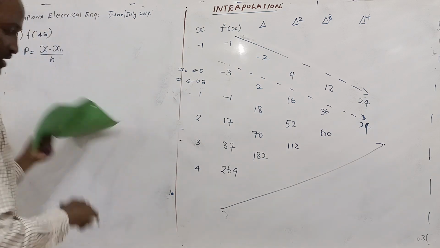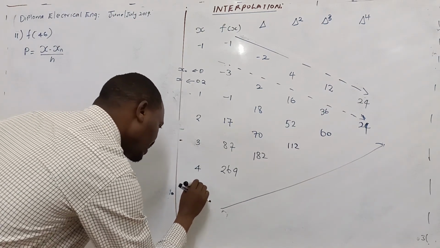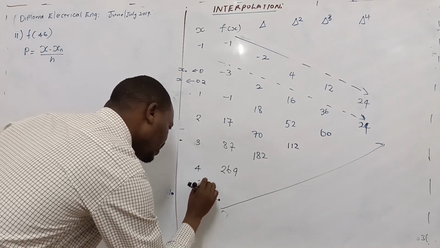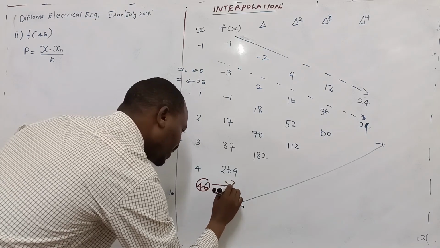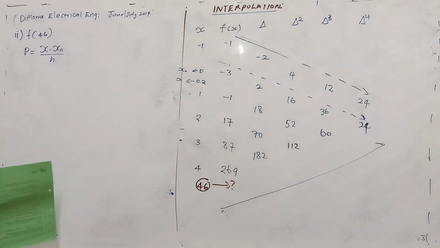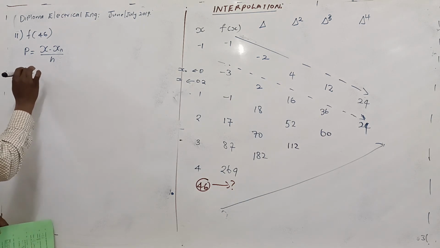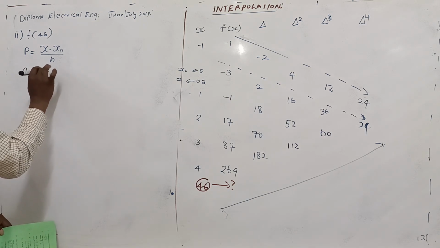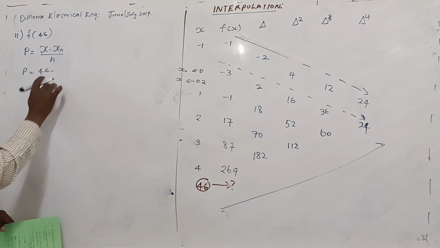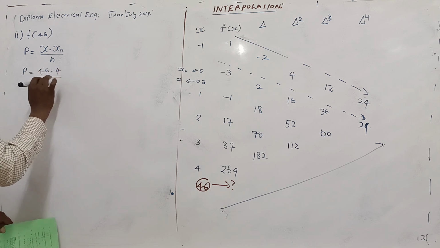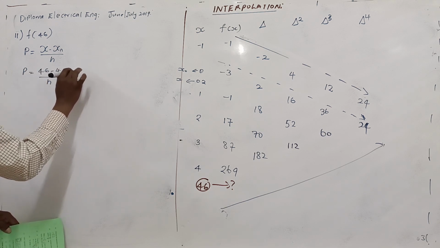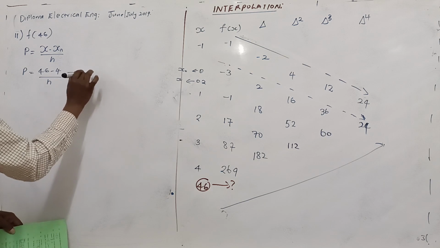What is our 4.6? 4.6 is here. So you are supposed to get this unknown value of the entry. P is equal to x, which is 4.6, minus 4, all over h. So our p is equal to 0.6.